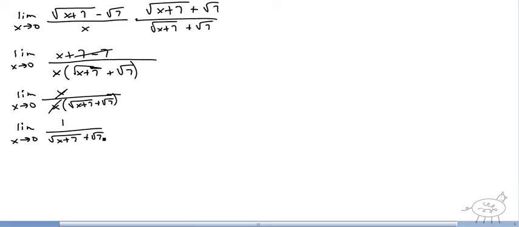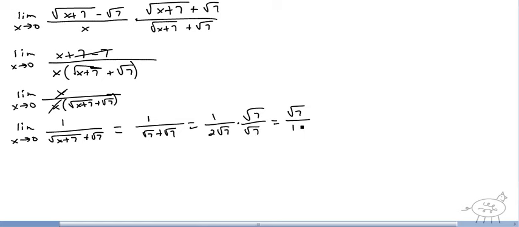Okay, well, now I can do direct substitution because I don't have a 0 on the bottom anymore, so that is equal to 1 over the square root of 7 plus the square root of 7, which is 1 over 2 square root of 7. Rationalize, I get root 7 over 14. Okay, that's your answer.